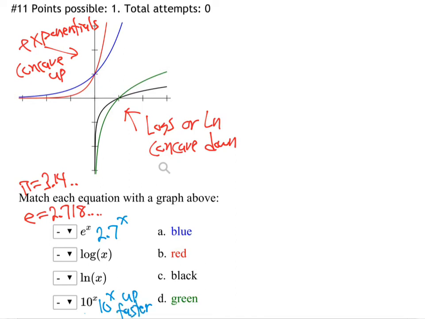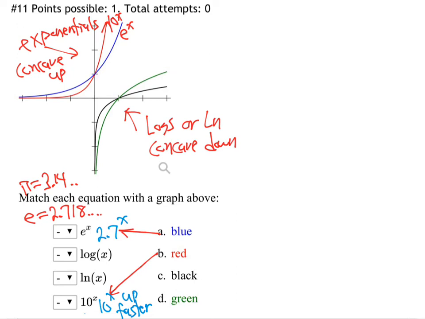So which one's going up the fastest among these graphs? This red one. This is 10 to the x. And this one must be e to the x because it doesn't go up quite as fast. Right? So the red one is 10 to the x. The blue one is e to the x because e is only about 2.7.